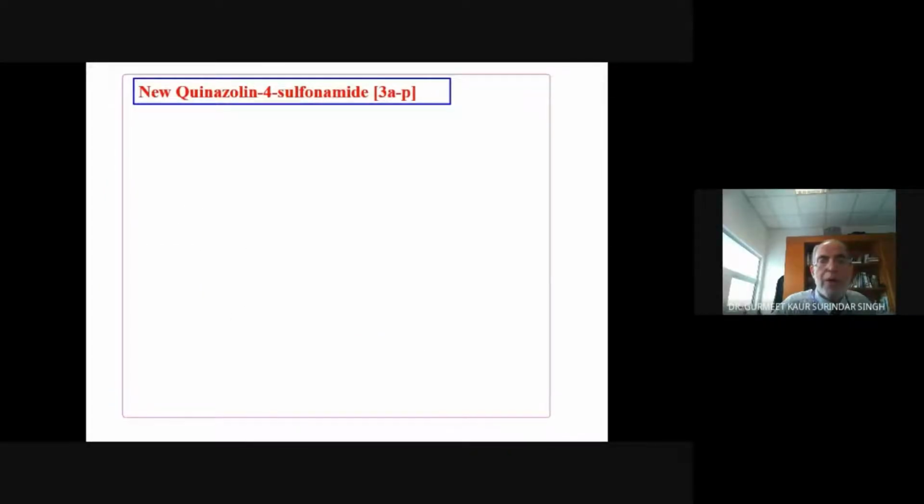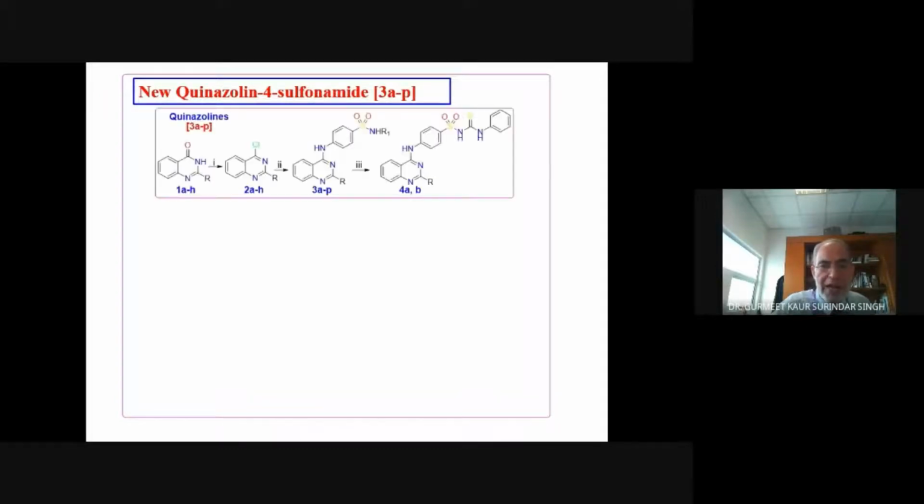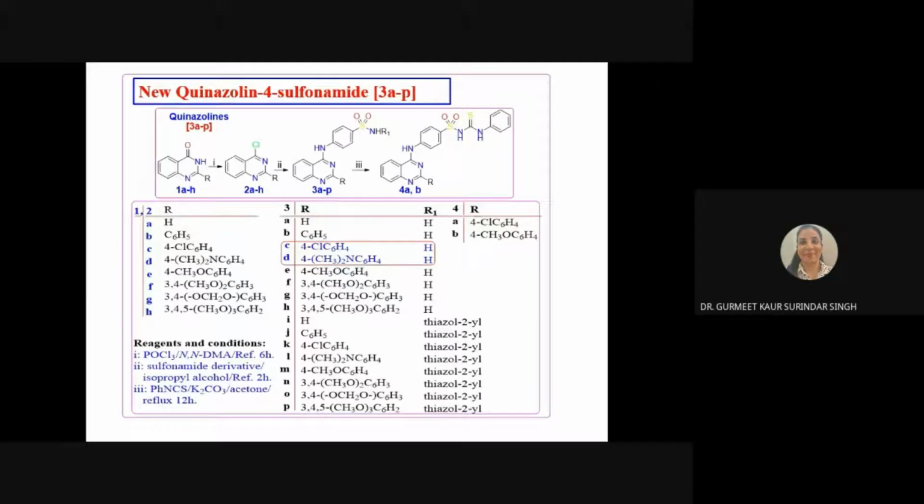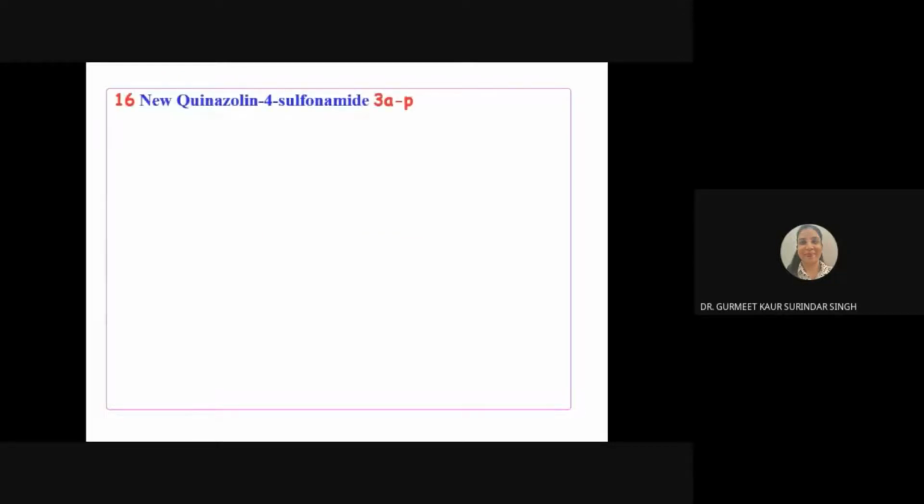Now we have some contribution in this area, and we have synthesized about 16 compounds which were published in the European Journal of Medicinal Chemistry. And we found that 2 compounds were interesting enough to be further studied, which is 3C and 3D.